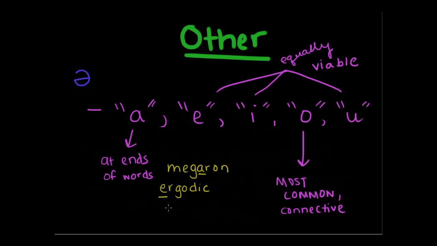Okay, the I. Now, you probably recall that the connecting vowel for Latin is I, and you probably recall that a lot of words passed through Latin from Greek before they went to English.